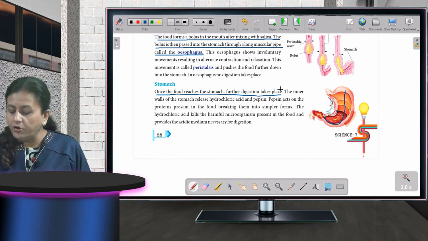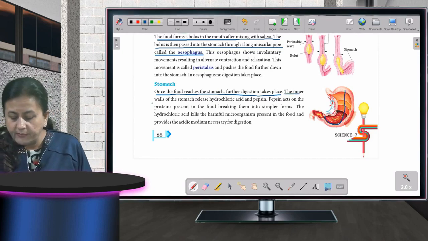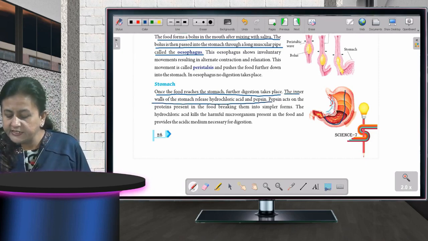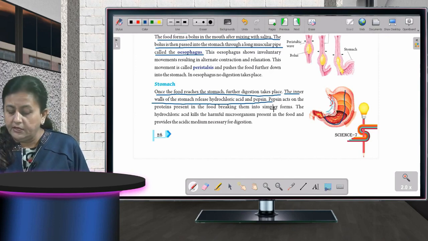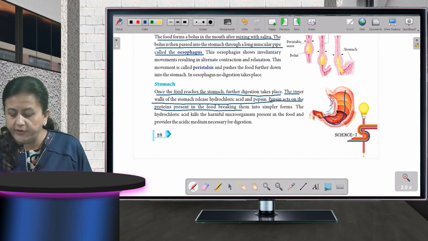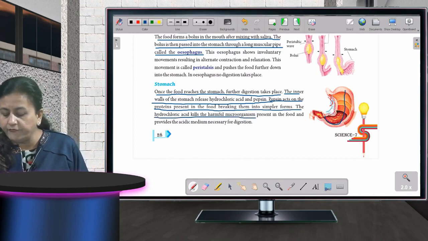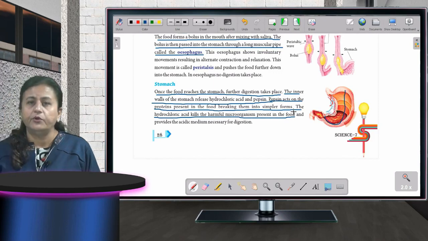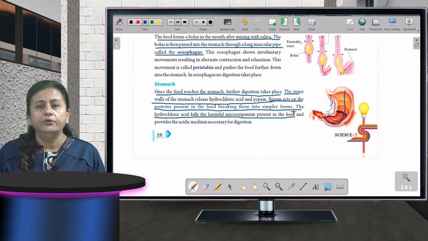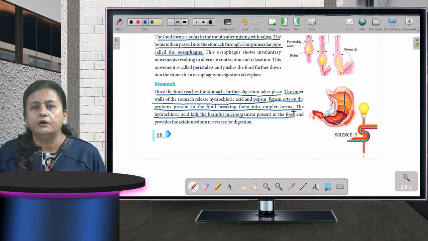The inner wall of the stomach releases hydrochloric acid and pepsin. Okay. These are two enzymes. Pepsin acts on the proteins present in the food, breaking them into simpler forms, and the hydrochloric acid kills the harmful organisms present in the food. What is happening in the stomach? It is releasing two enzymes.